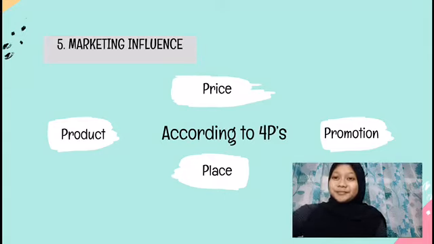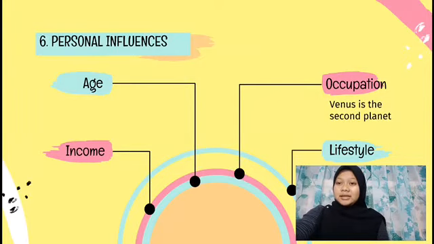Last but not least, the personal influences are also one of the factors that influence the consumer's buying process. The personal influences contain four factors, which are age, income, occupation, and lifestyle. Age. Age is a major factor that influences the buying behavior.